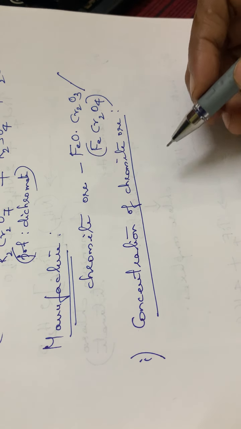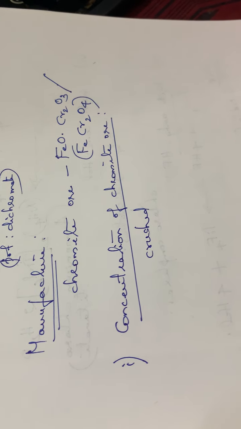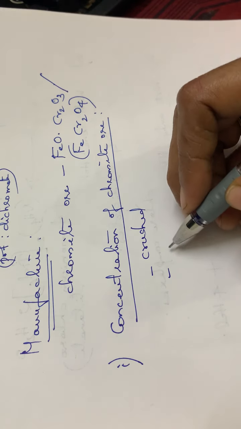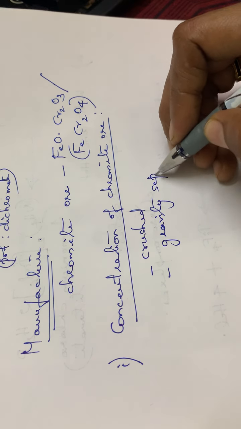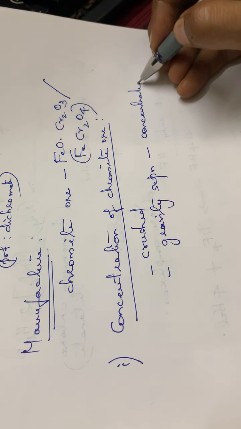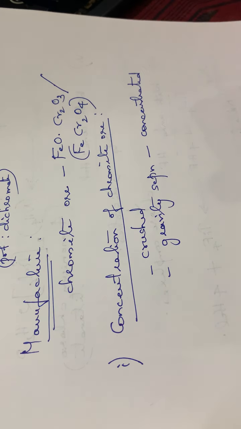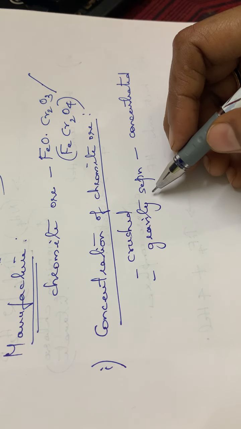For that, the ore is first crushed, which means it is powdered, and then it is concentrated by gravity separation method.